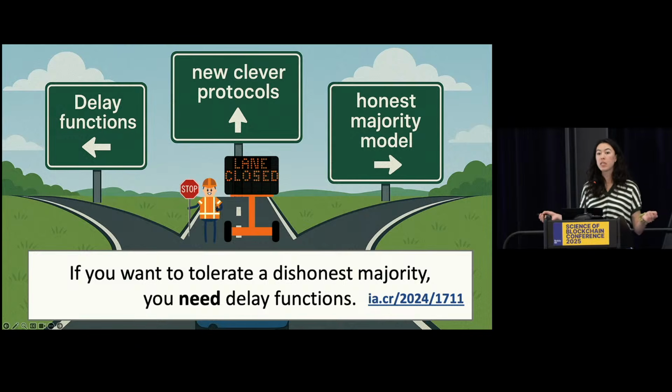So now what's left is you really need to choose for your application whether you want dishonest majority security, in which case you need to cope with the deployment challenges of delay functions, or you can settle for honest majority security, which is also possible for some applications. Yeah, so here's a link to our paper, which appeared at Eurocrypt. I encourage you to check it out for more technical details, and I welcome any questions.